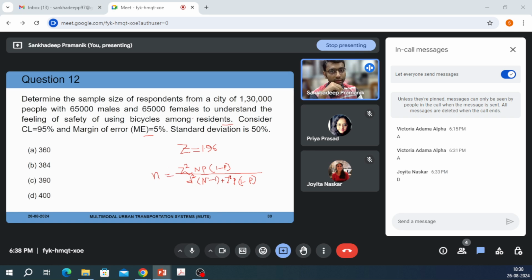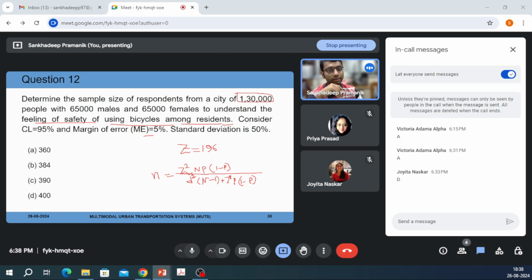Although in the question it is mentioned that males and females are 65,000 each, they need to identify the feeling of safety of using bicycles among residents, which means all 1,30,000 will be used.